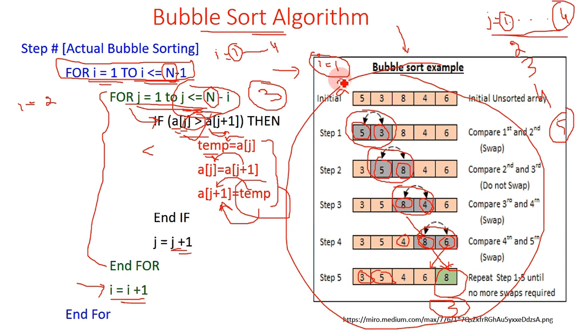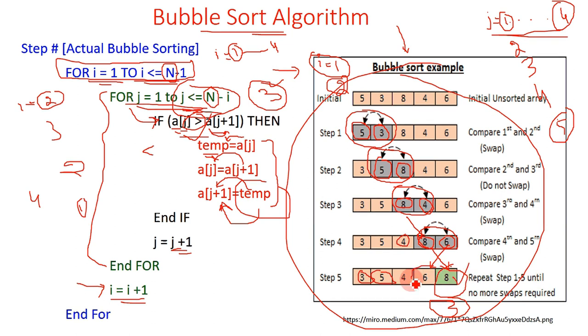For the i value of 2, this process will repeat. For the i value of 2, this loop will be executed 3 times, for the i value of 3, this loop will be executed 2 times, and for the i value of 4, this loop will execute only 1 time, because the last value is already sorted.